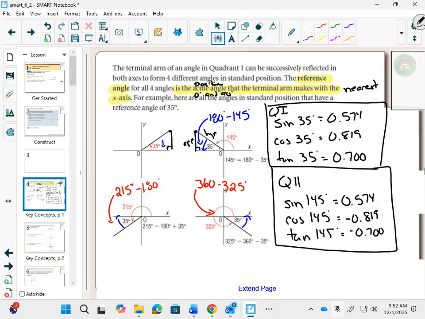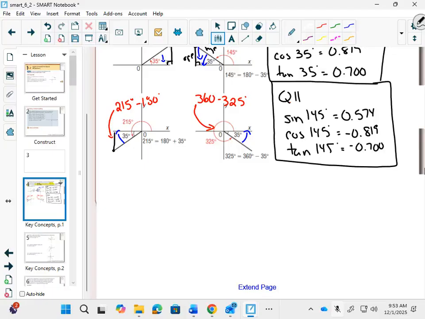Now if I pick the dot on my hypotenuse and went back to my nearest x-axis here, that would be the exact same triangle again. And this time, I'm like, okay, predictions in quadrant 3?